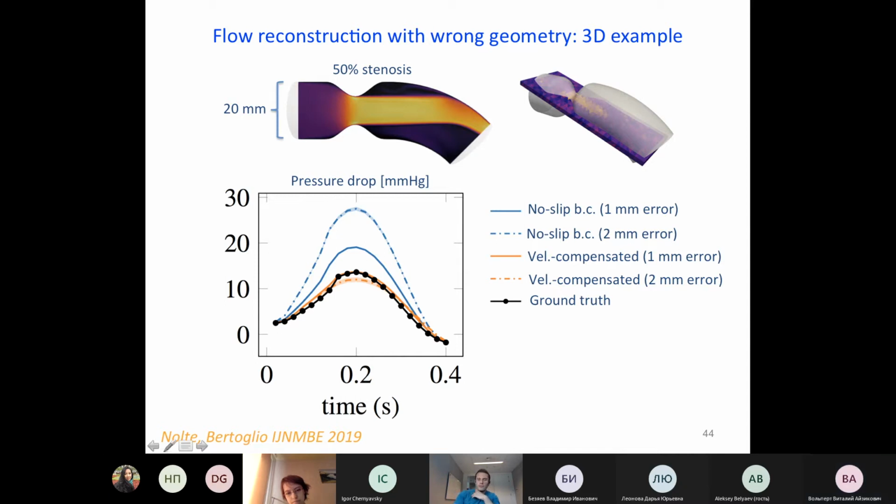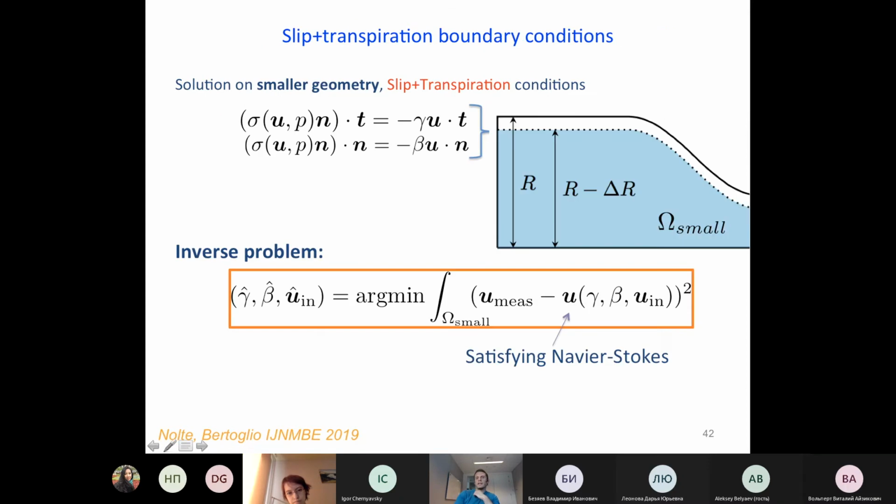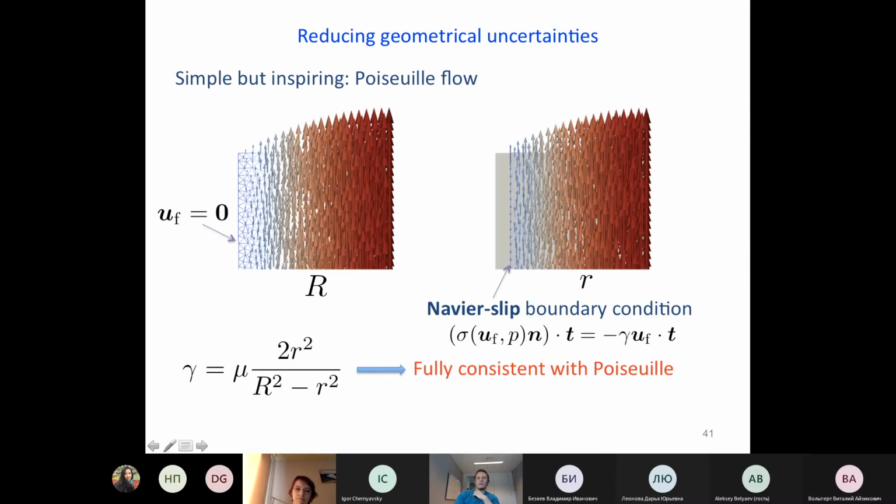Yeah, it depends. You see a difference, but the difference is small because you just estimate another gamma for each geometry error. If you move this dotted line a bit below, then you will estimate different gamma and betas, right? Remember, in the Poiseuille flow, gamma depends on the radius.